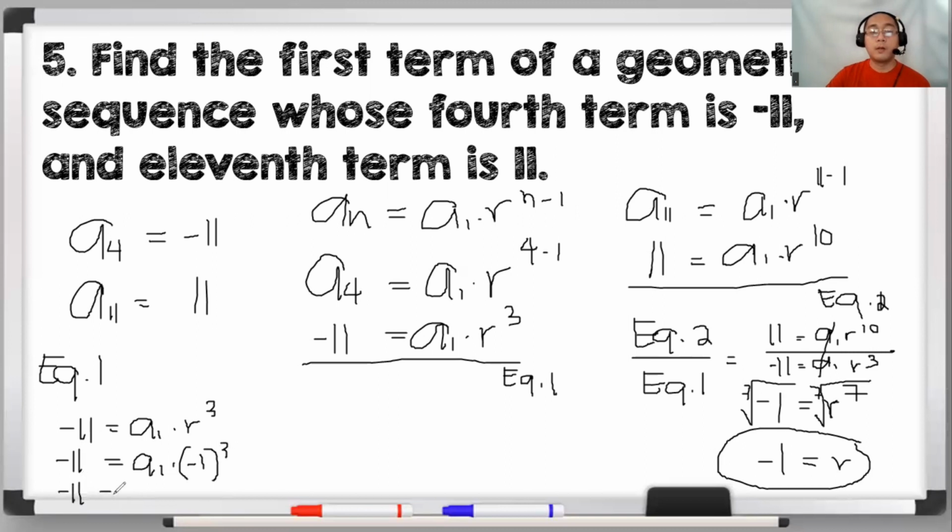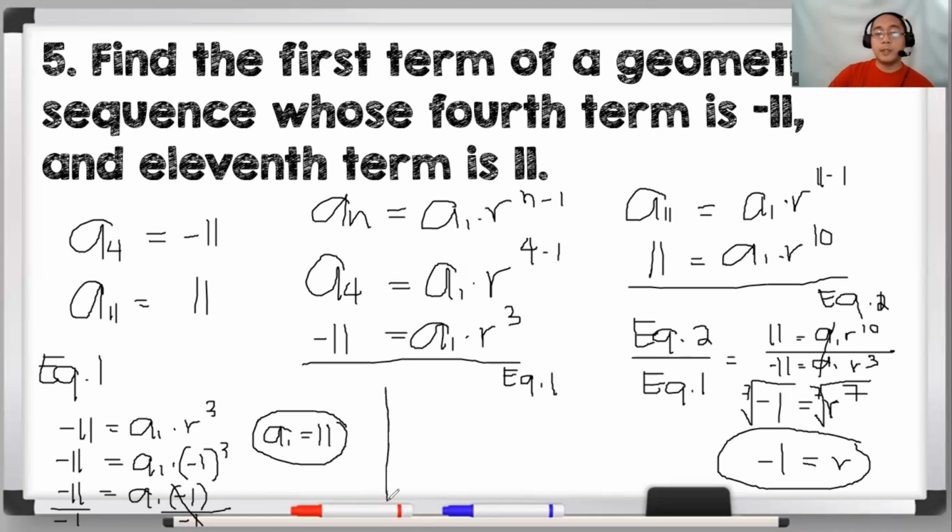Eliminating the negative 1, the result is 11 for the first term.